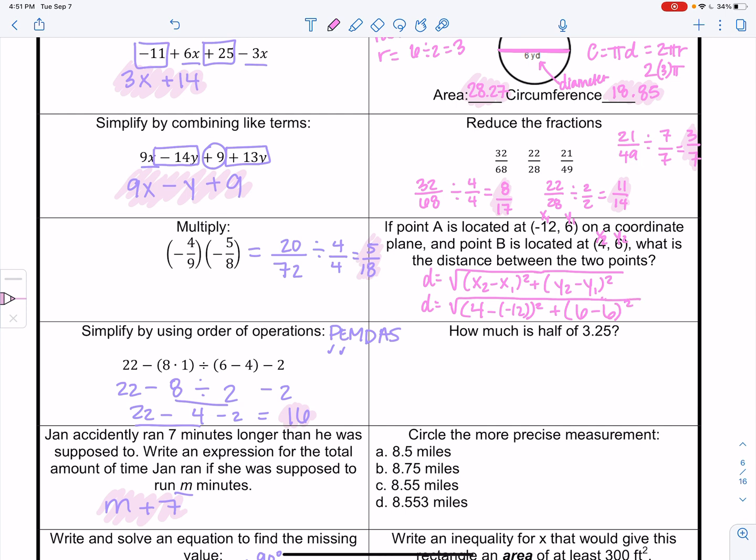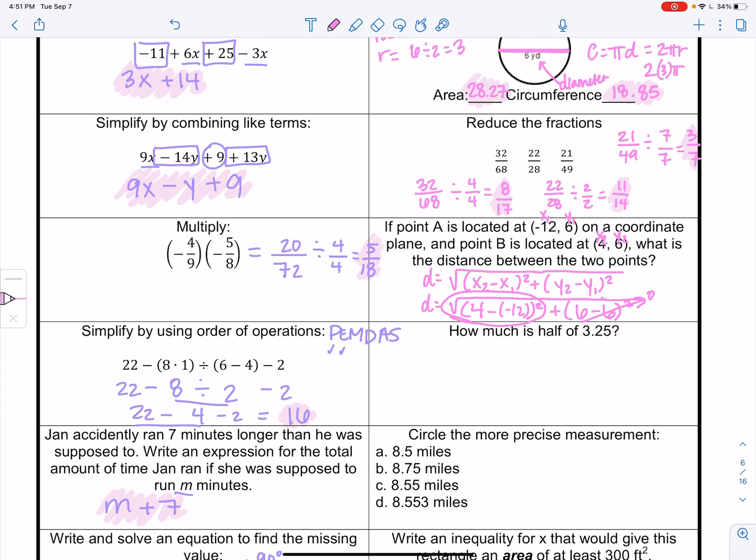And you just plug it into your calculator. I would personally simplify first so I don't get confused in my calculator, because you can easily see that 6 minus 6 is just 0. If this is 0, then I've only got this part remaining. Okay, so you can just plug that into your calculator and you should be good.